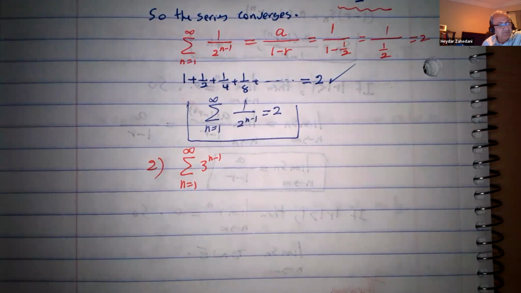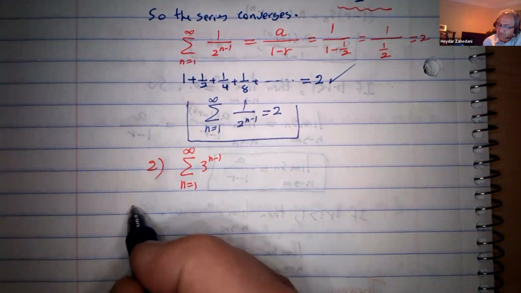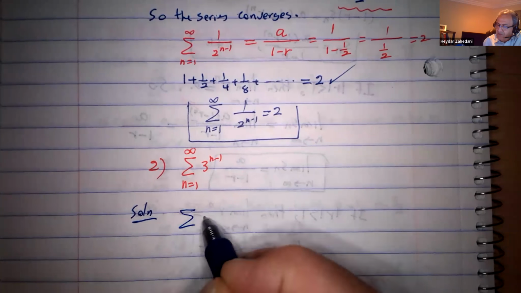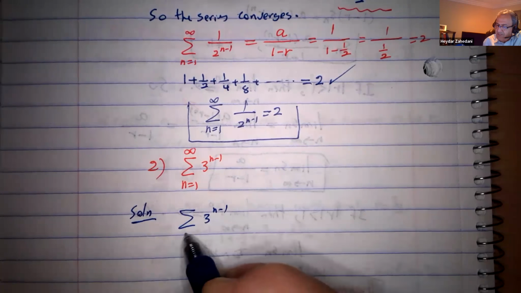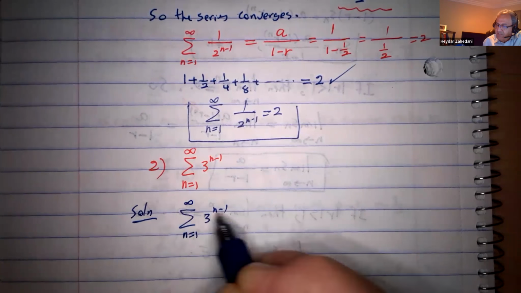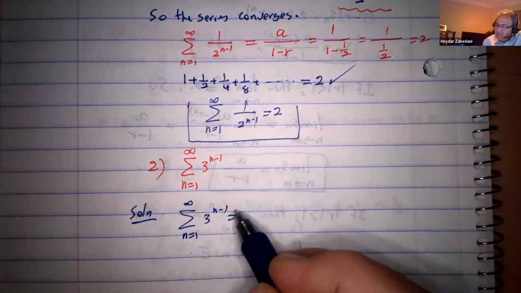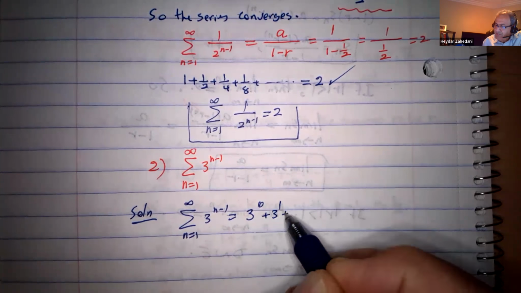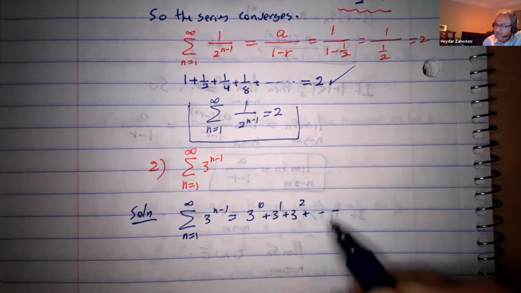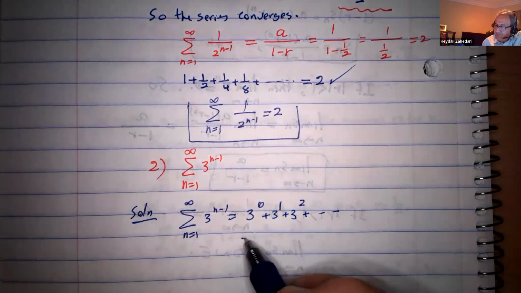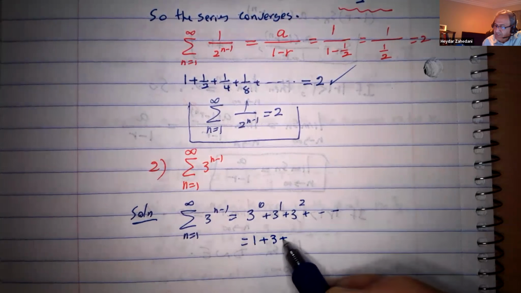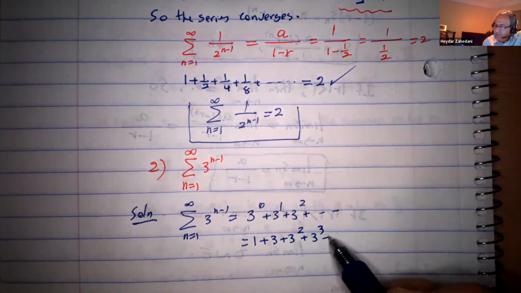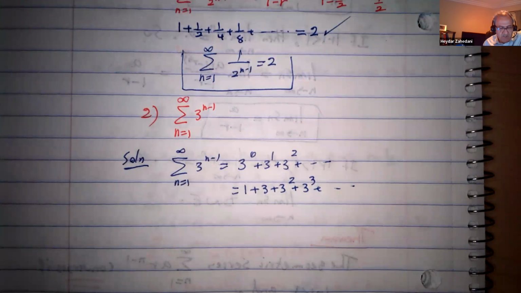But we can write a couple of terms to make sure that you know it. So it's 3 to the n minus 1, n from 1 to infinity. The first term is going to be what? It's going to be 3 to the 0 plus 3 to the 1, 3 to the 2, whatever. So your terms of the series are going to be 1 plus 3 plus 9, 3 squared, 3 to the third, etc. As you can see, it's a geometric series.